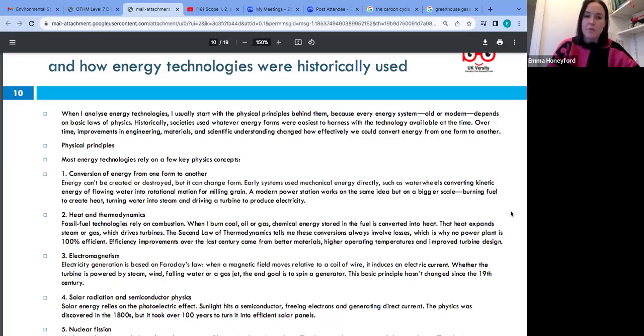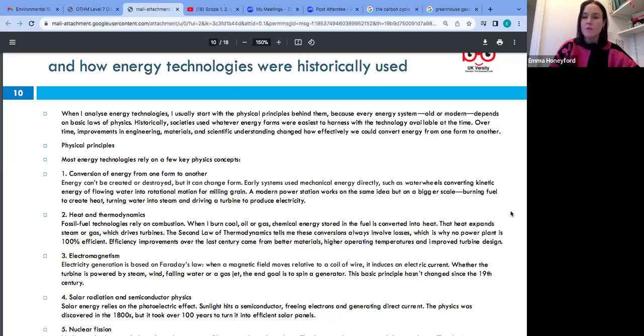Over time, improvements in engineering, materials and scientific understanding have changed how effectively we can convert energy from one form to another. Most energy technologies have a common physics behind them: the conversion of energy from one form to another. Energy cannot be created or destroyed, but it can change form.